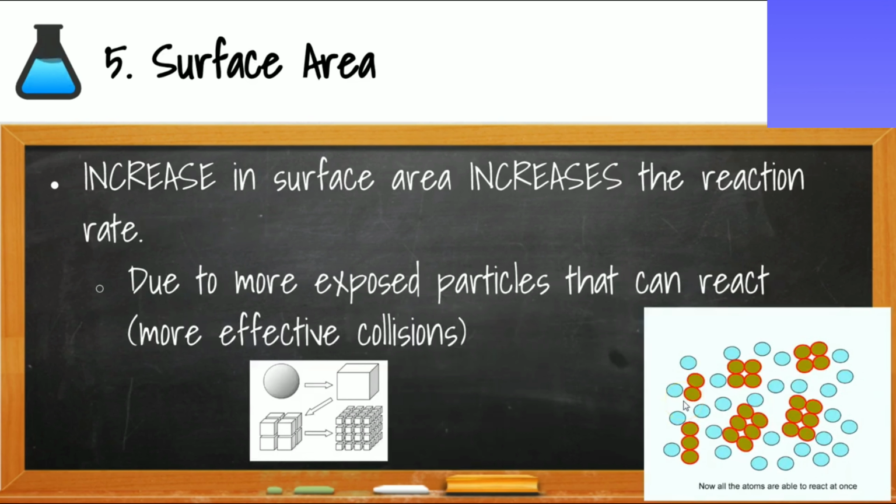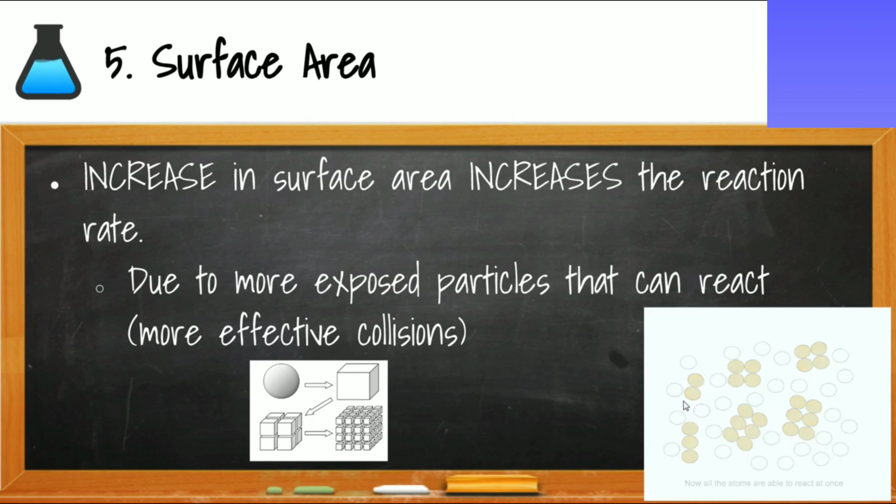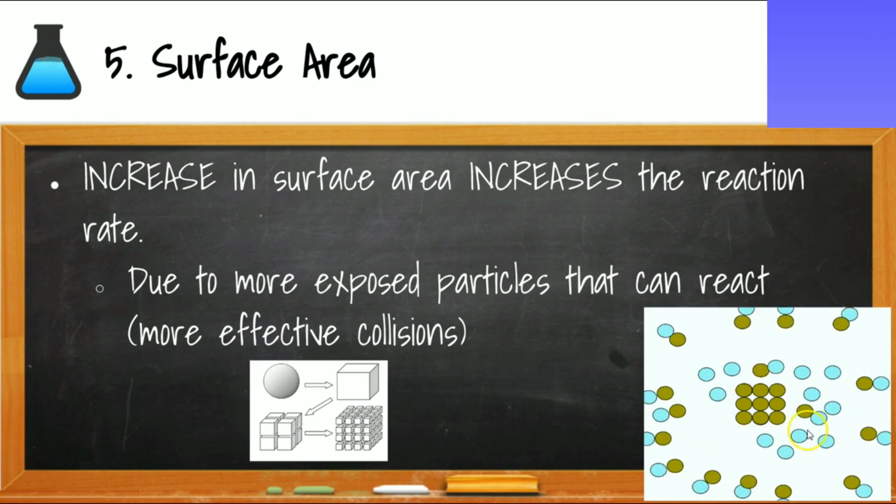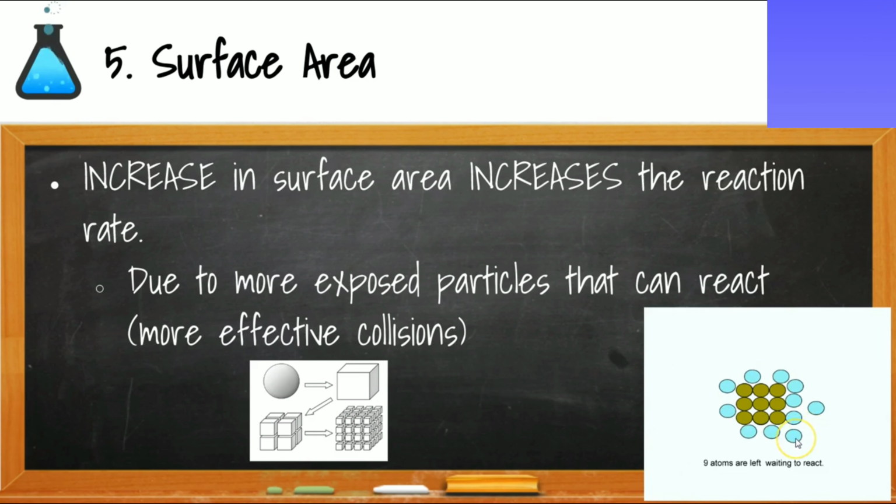The next condition that can increase the reaction rate is when we increase the surface area. Increasing surface area increases reaction rate because you increase the amount of material exposed to react. So again, we have more effective collisions.